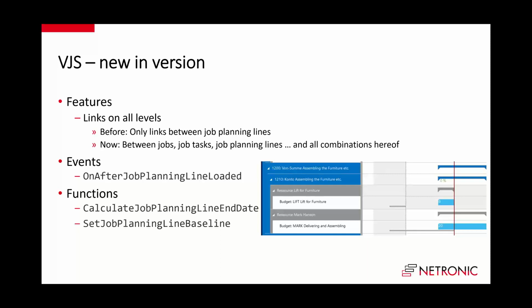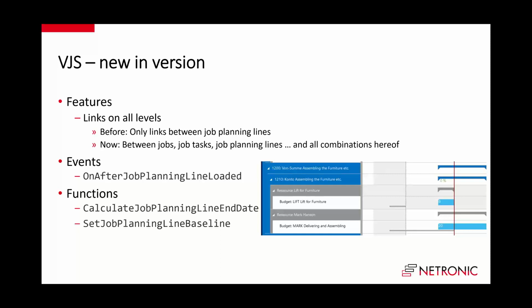However, we had the limitation that so far we only allowed you to build links between job planning lines. Now we enhance this linking functionality so that we also allow you to create links between jobs, job tasks, and job planning lines, and all combinations hereof.